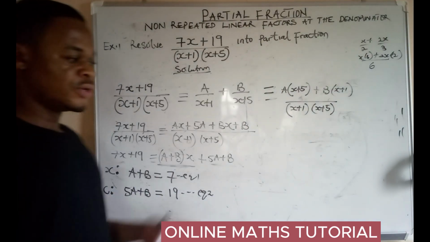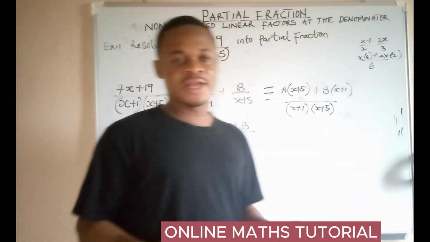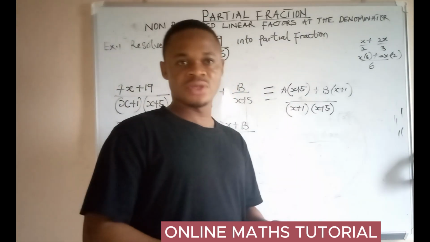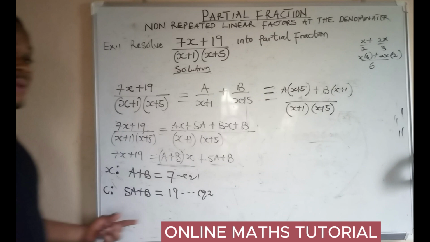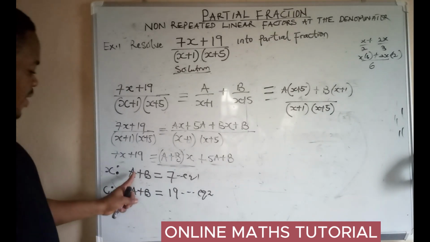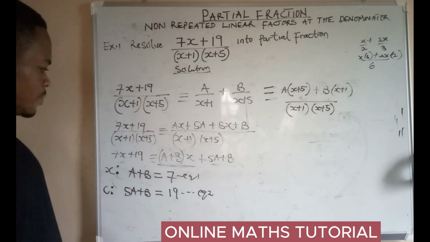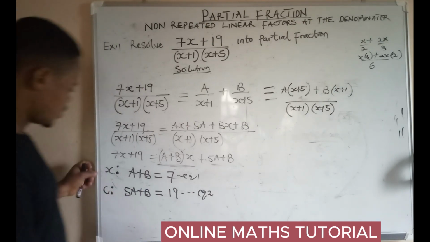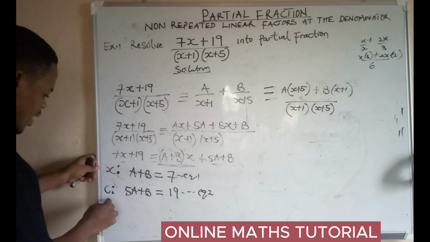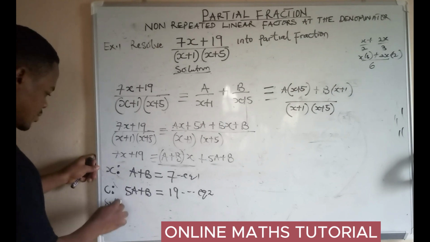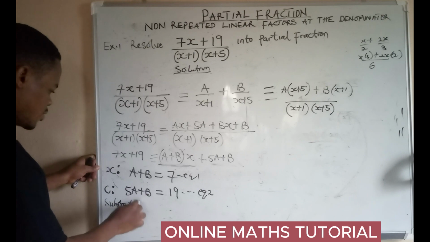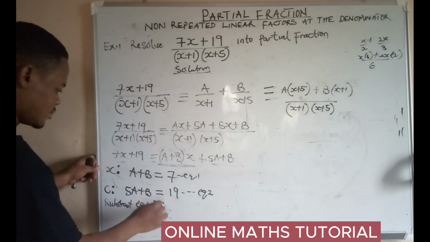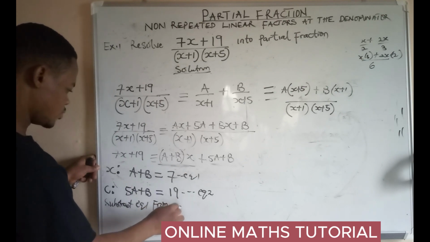So with this, you can use any of the methods in simultaneous equations, either the elimination method or the substitution method, to solve this problem at this point in order to get the values of a and b. So let's use the elimination method to solve this. So using the elimination method, we subtract equation 1 from equation 2.